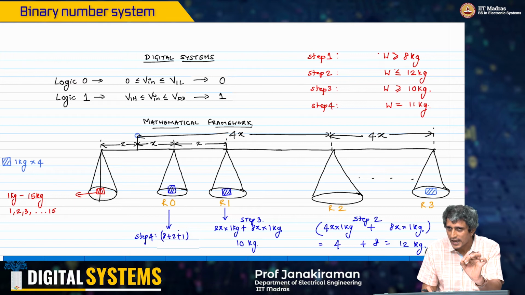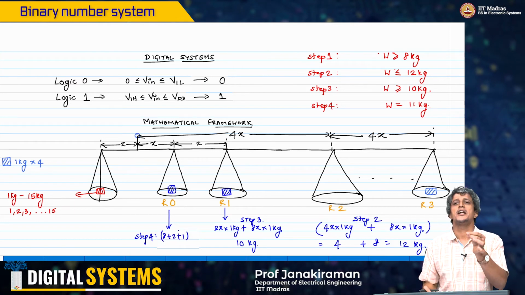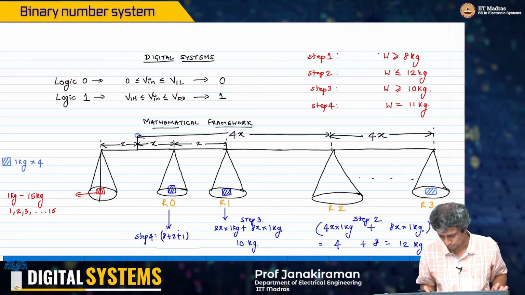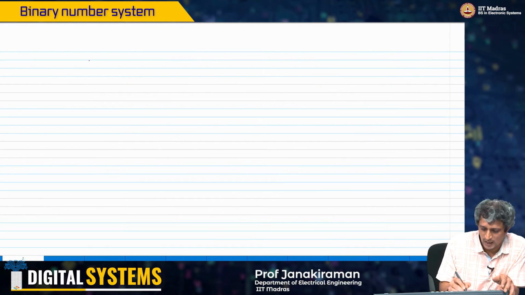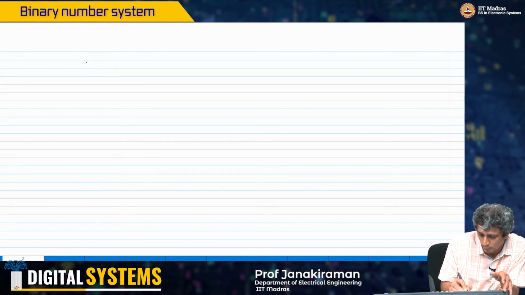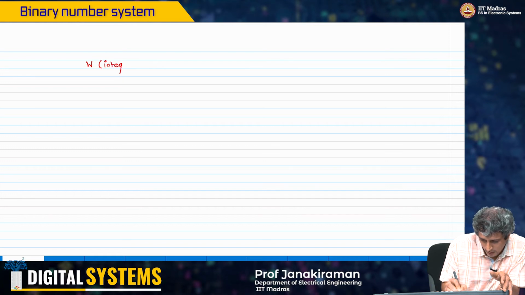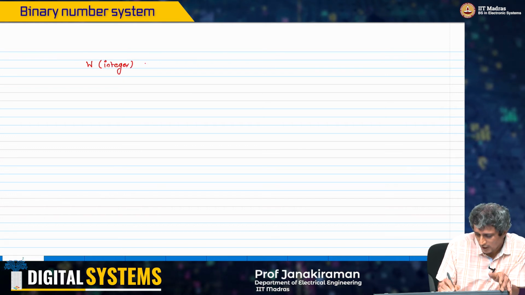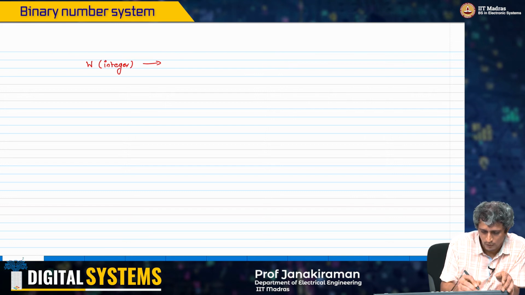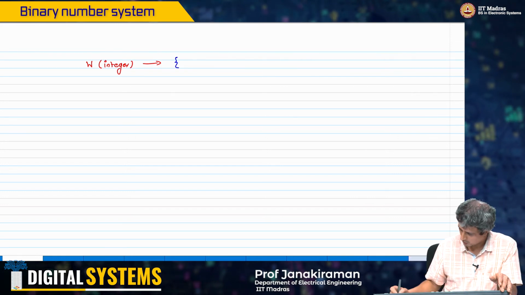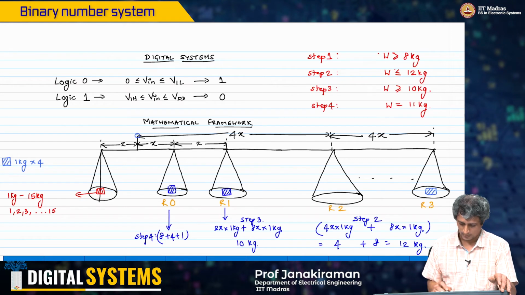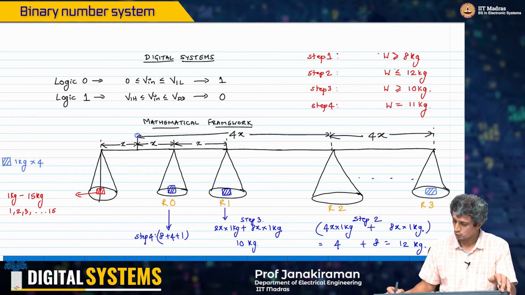If the weight is there, it means it's 1. If the weight is not there, it is 0, right. So effectively, what we have done is we took the unknown object W, which was an integer, and converted this, in blue, to R0, R1, R2, R3.